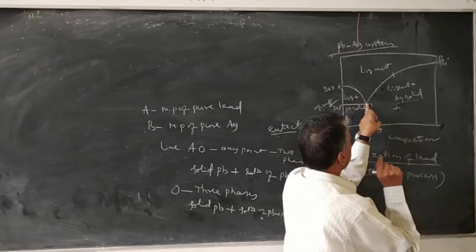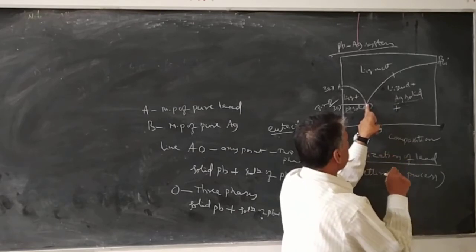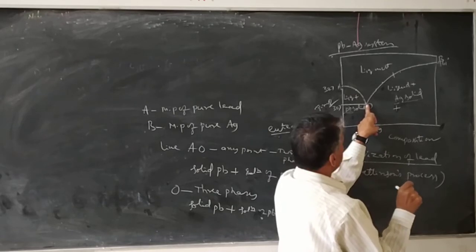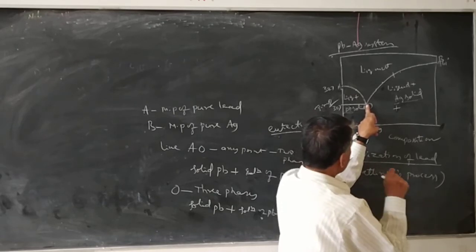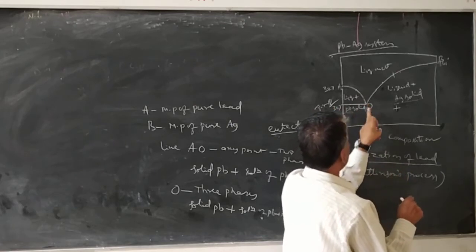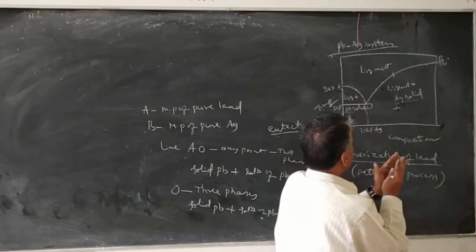So that point is called the eutectic point, and I told you already, what do you mean by eutectic point? The eutectic point represents the minimum temperature and minimum composition.